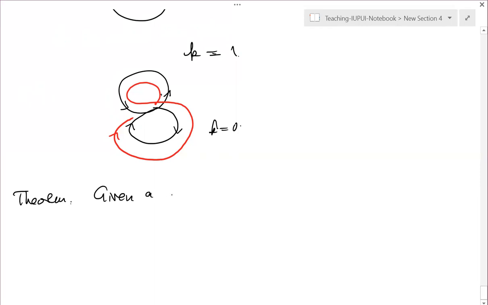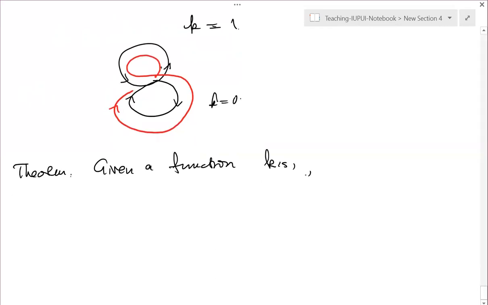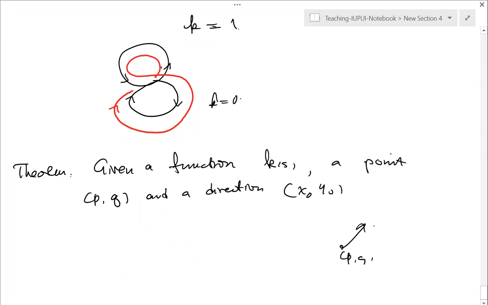Given a function ks, a point and a direction. Let's call it x, y. Here's a point, P and a Q, a direction.